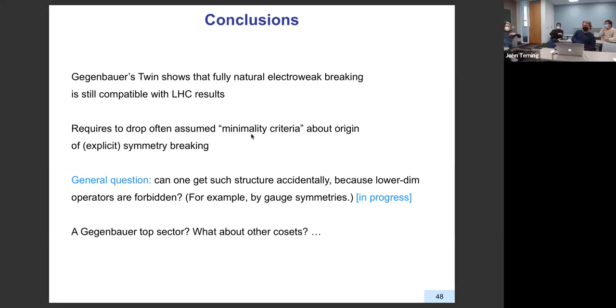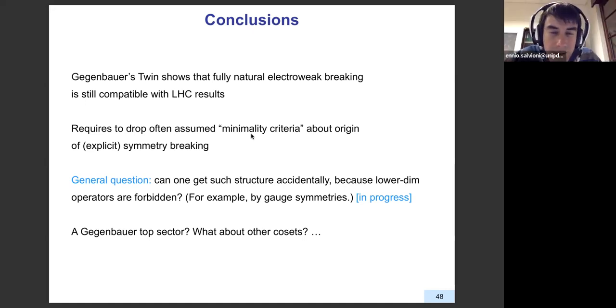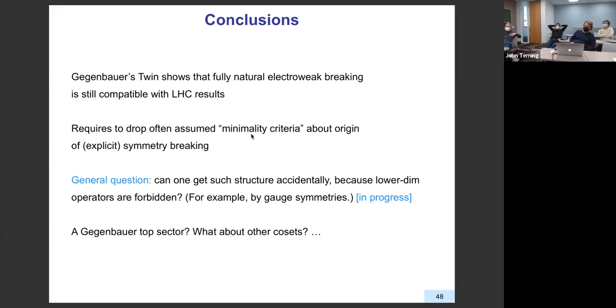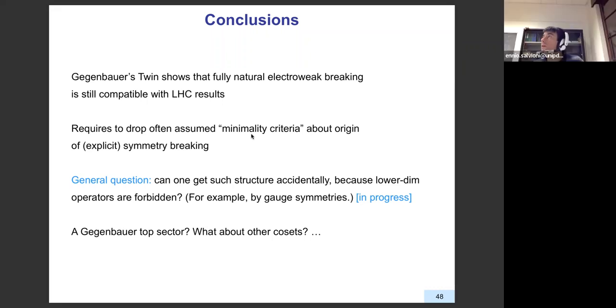Other questions? If you just try the simplest one, what n would you get? Say it again, sorry. Write down some simplest model. What n could you get? I think I need to understand the question better. You mean by choosing a certain scalar representation?